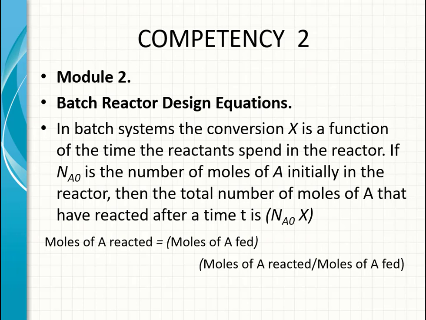We can see here that moles of A fed on the right side of this expression will be eliminated, and we will have moles of A reacted on both sides.